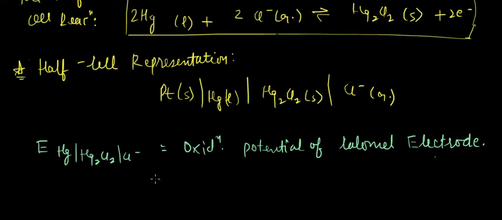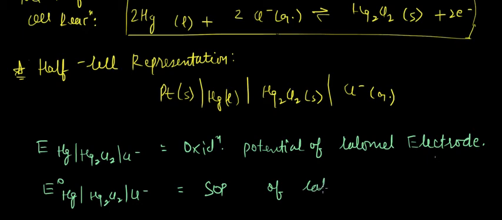And this would be E naught of Hg, Hg2Cl2 and Cl- as the electrolyte or anion source, which would be equal to SOP, or standard oxidation potential, of the calomel electrode.